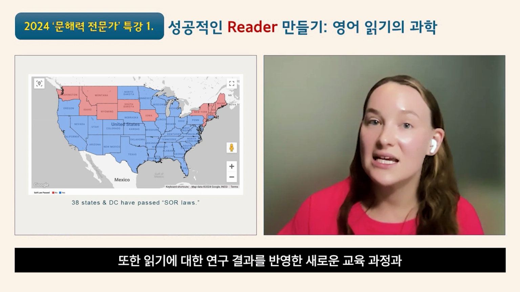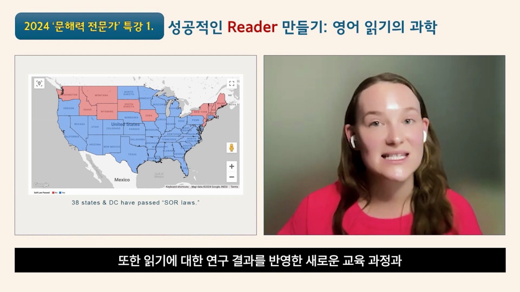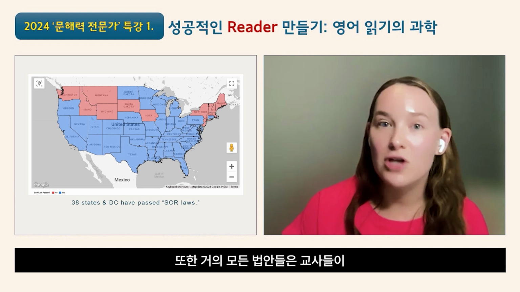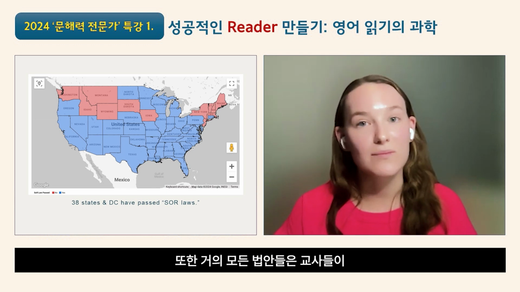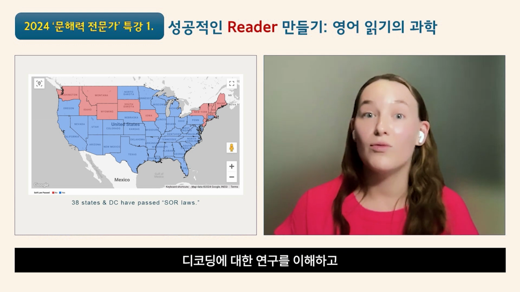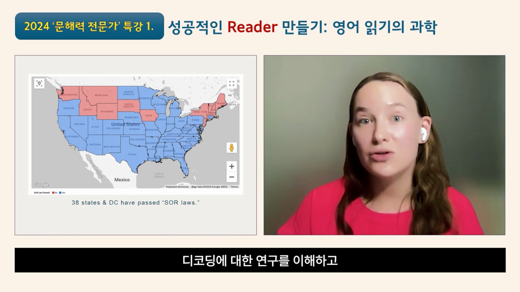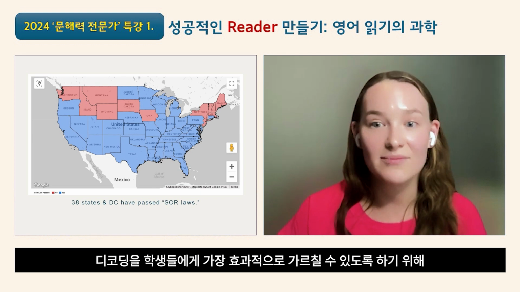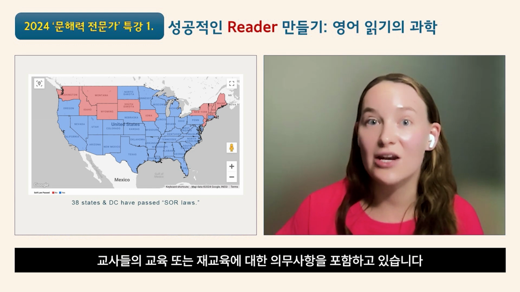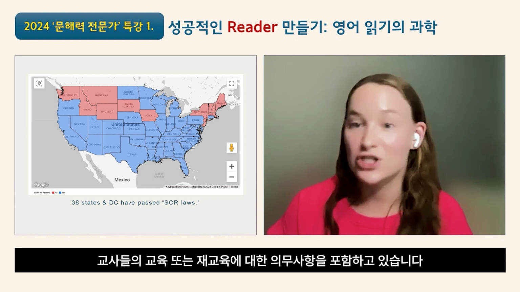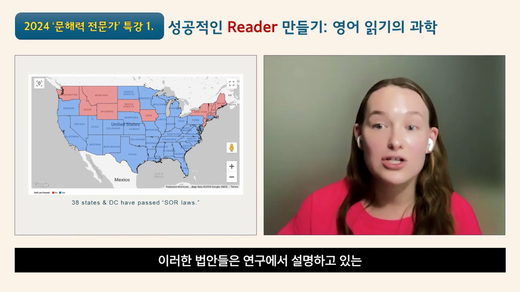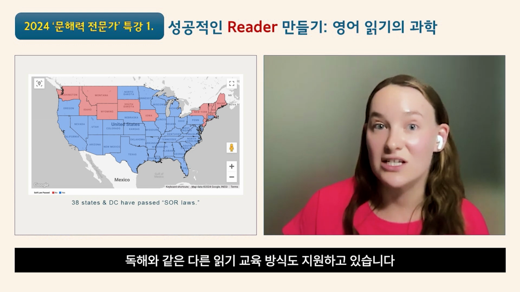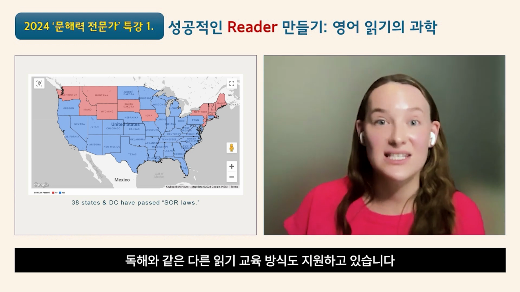They also mandate new curriculum and assessments that align with what research shows us about reading. Almost all of these laws also include mandates around training or retraining teachers to ensure that everyone understands the research behind decoding and how to teach decoding in a way that it will best serve students. Many of these laws also support other reading instruction that is described in research on the comprehension side as well.